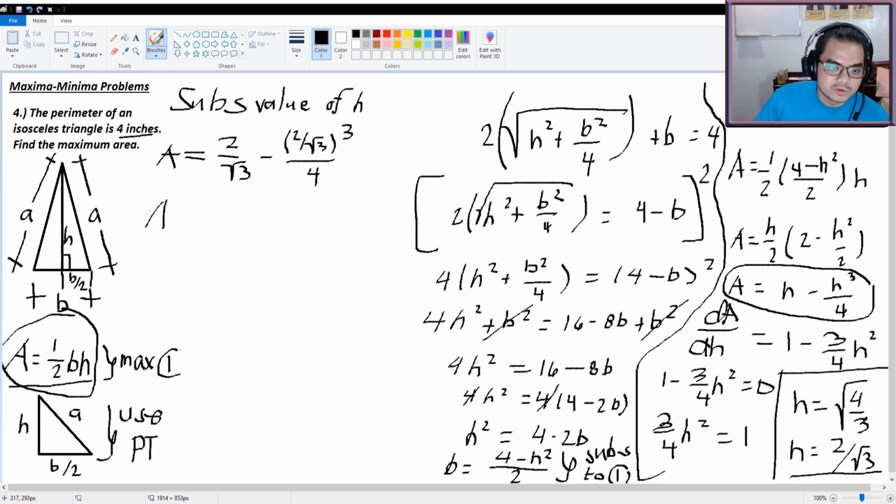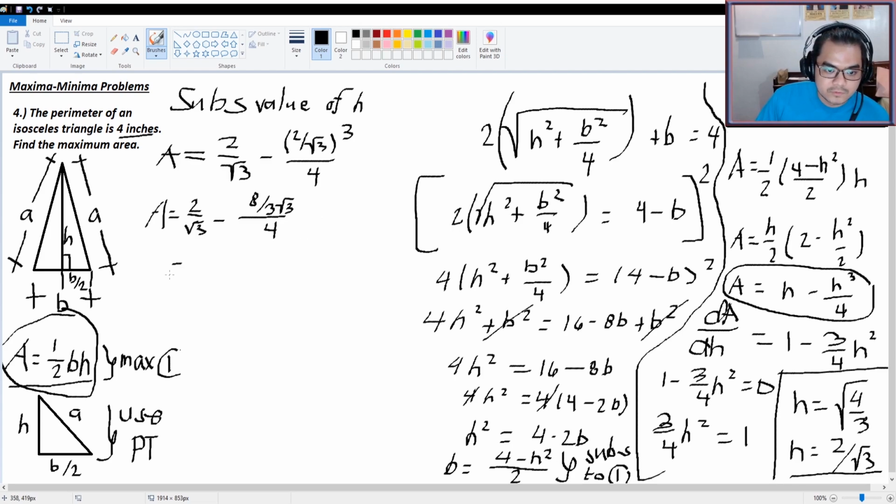So all we have to do is simplify this. Simplifying that, you'll have 2 over square root of 3 minus 8 over 3 square root of 3 all over 4.